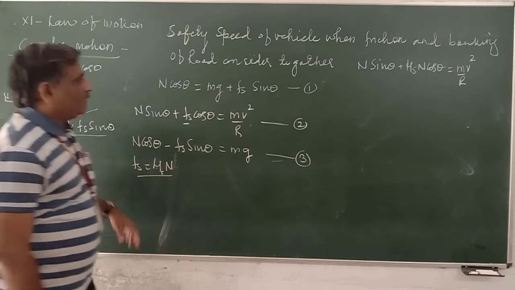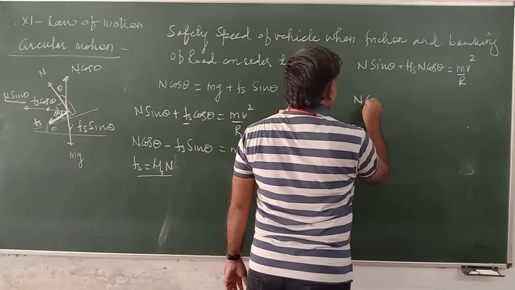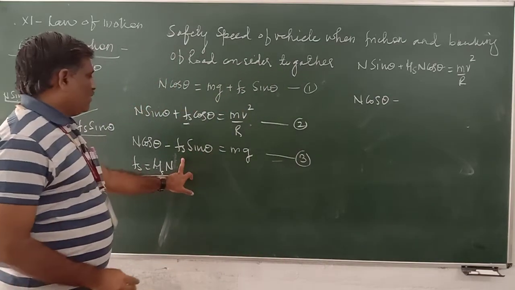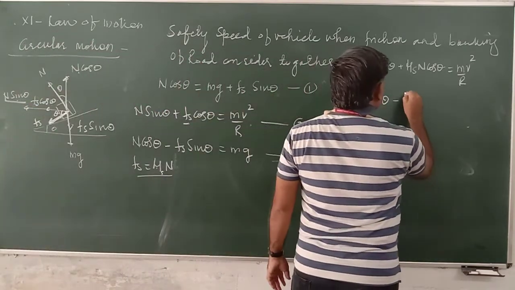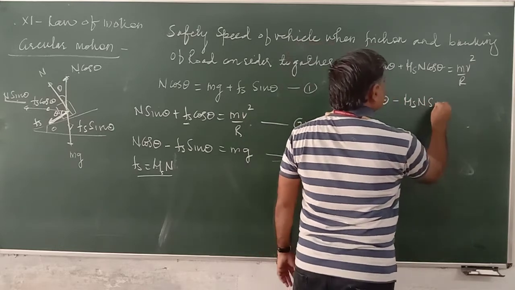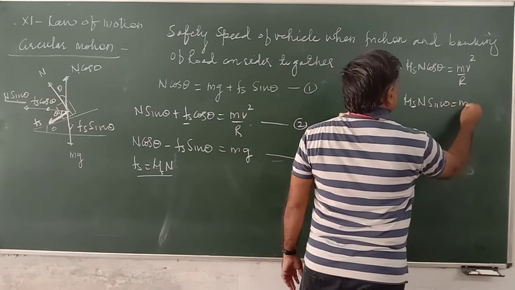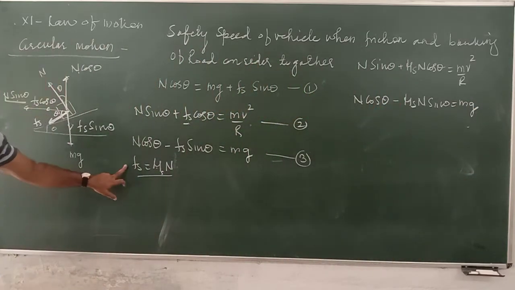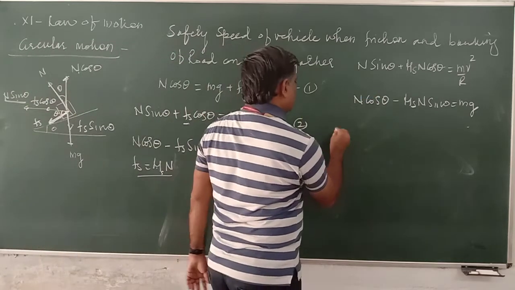Similarly, in this case, n cos theta minus mu s n sin theta is equal to mg. Fs is equal to mu s n. Take the ratio of these two.